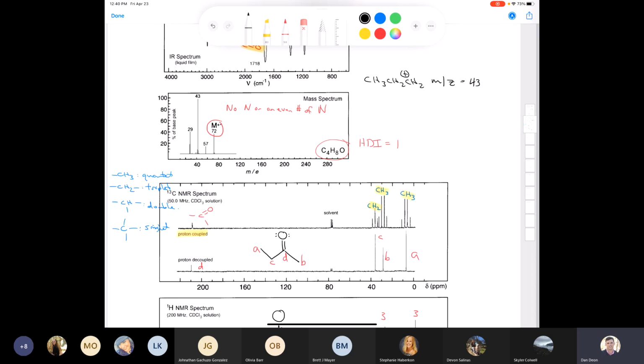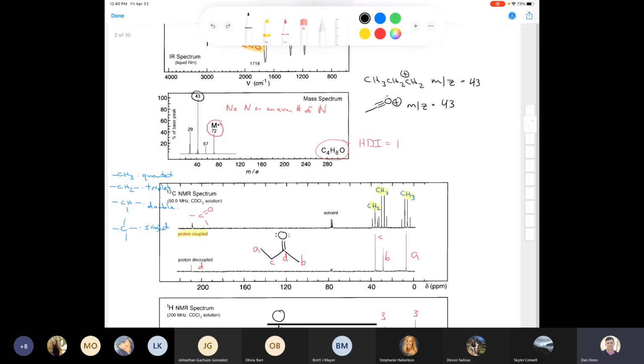But I also told you that an acyl cation, so I'll just draw it like this, the acyl cation like this also has a mass over charge of 43. So that's a result of fragmentation here. Anyhow, this is this fragment right there.